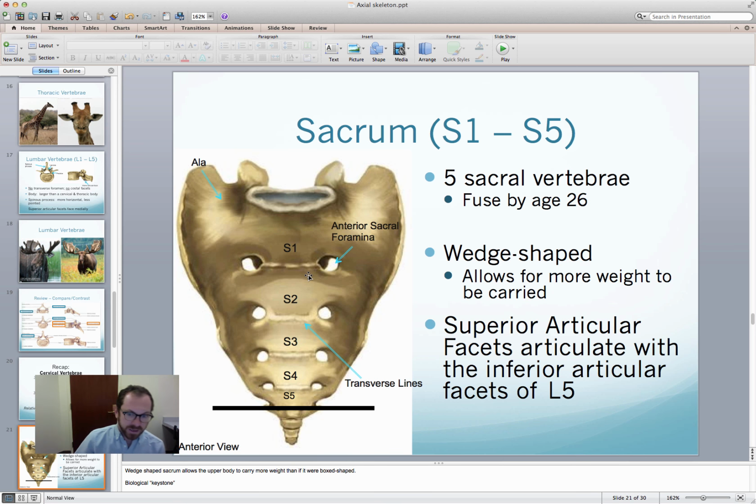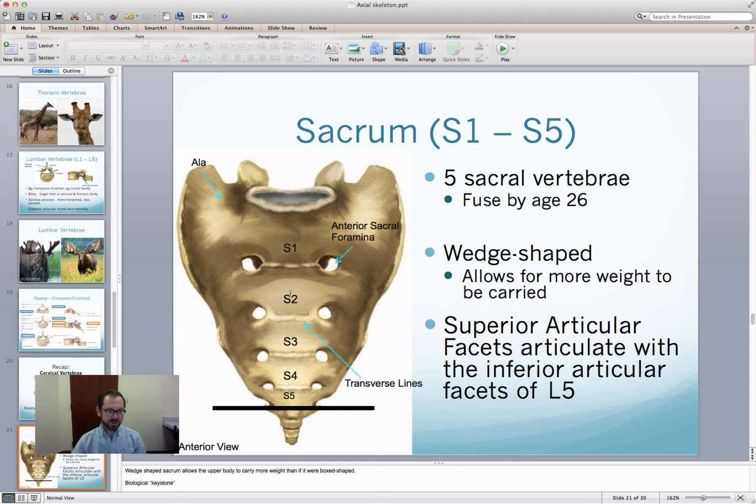And we have our superior articular facets here, and this is going to articulate with the inferior articular facet of the 5th lumbar, the lowest lumbar there.